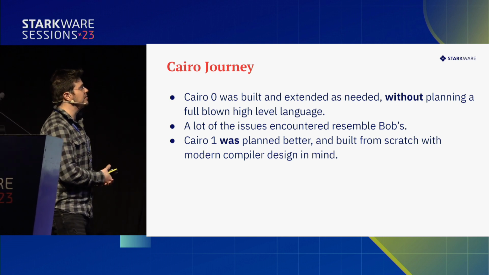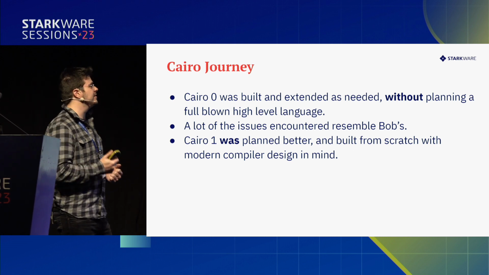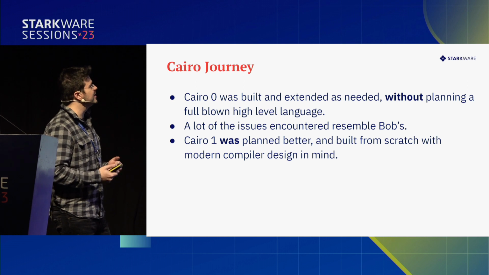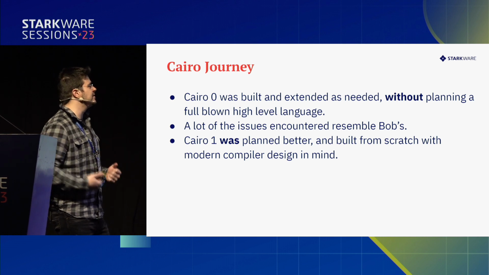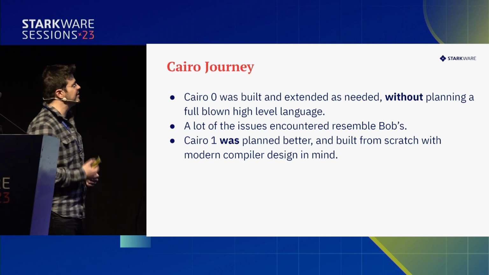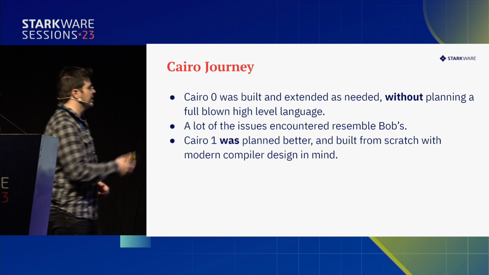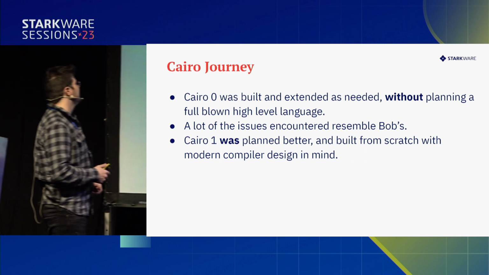We wrote Cairo 0, which wasn't planned at the beginning as a high-level language. Instead, it was a kind of assembly that we added and added and added to, with higher and higher features. But we didn't have this planning from day one. A lot of issues we encountered kind of resemble Bob's.